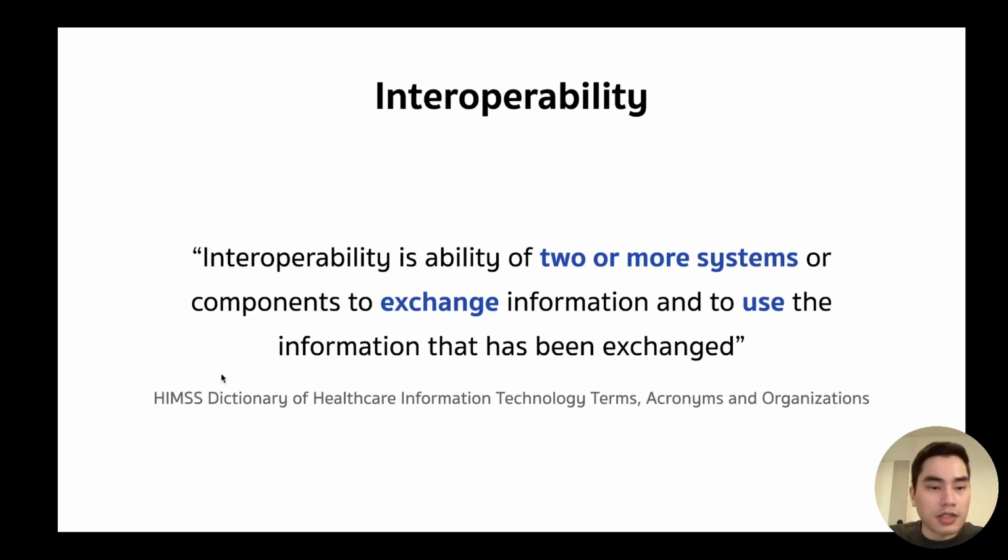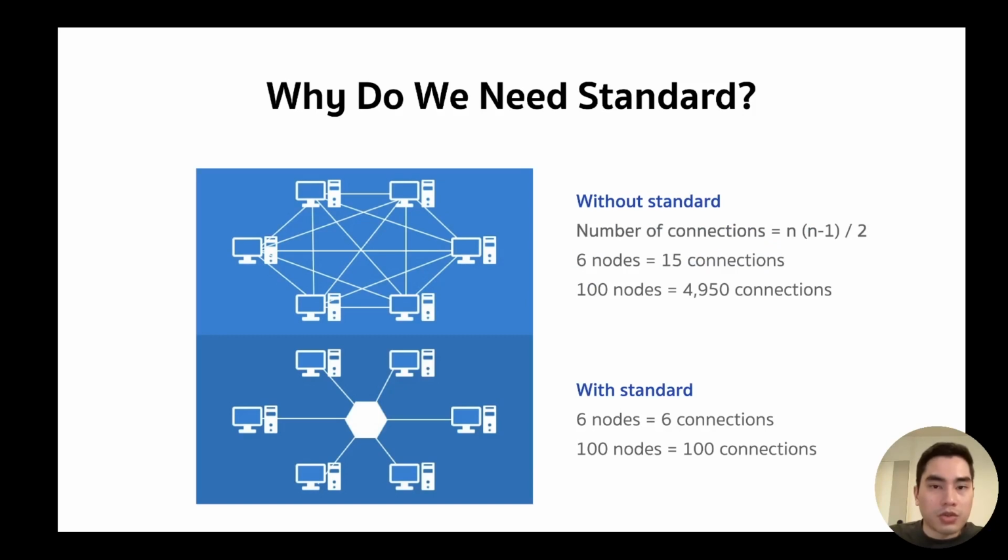This definition is from the HIMSS Dictionary of Healthcare Information Technology Terms, Acronyms, and Organizations. The main idea is that it's not just exchanging the information, but also having to use the information that has been exchanged. And to achieve interoperability, we need standards.